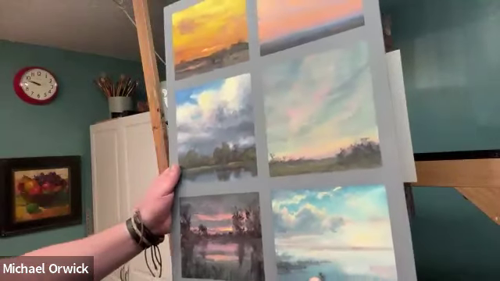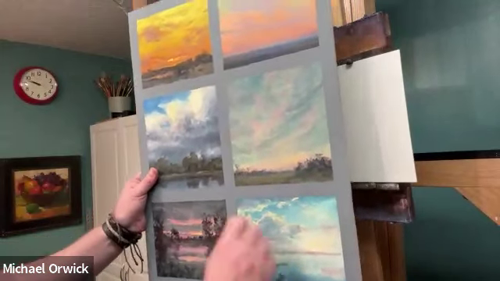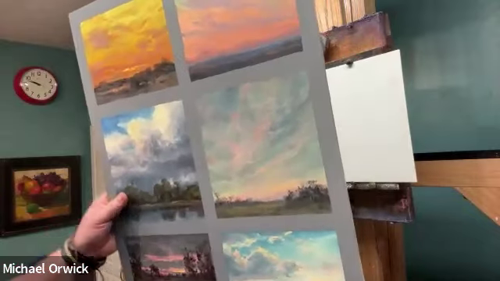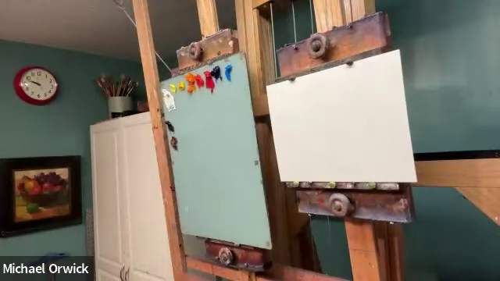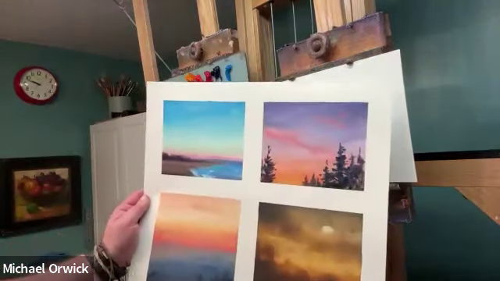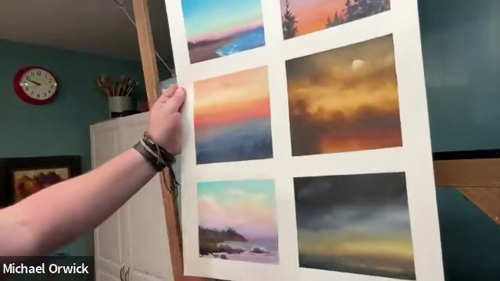So this is a great tool, is just taking a big panel or a piece of paper or whatever it is, putting pieces of tape across it and blocking off different areas so that we can just do a whole lot of quick little experiments.